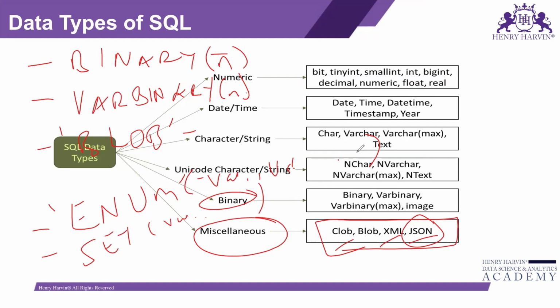So it is important to refer to the documentation of your specific SQL database so that you can get the complete list of the data types that are supported. For example, if you're using MySQL, it's important to look at the documentation of MySQL so that you know what data types and their properties are supported with MySQL.